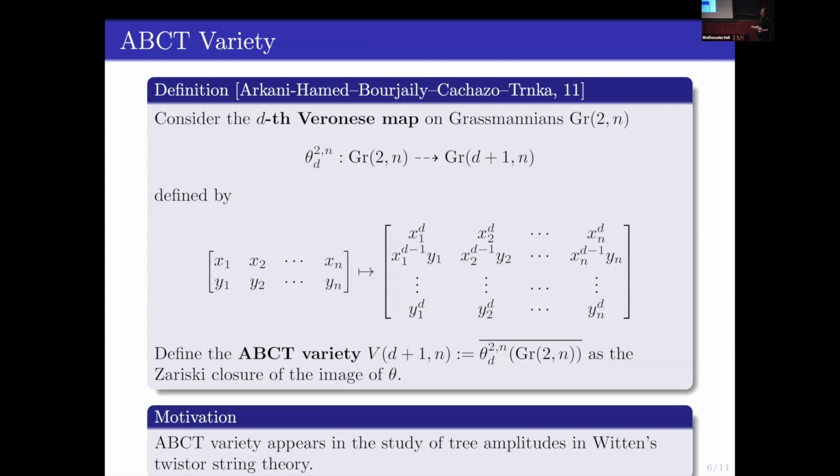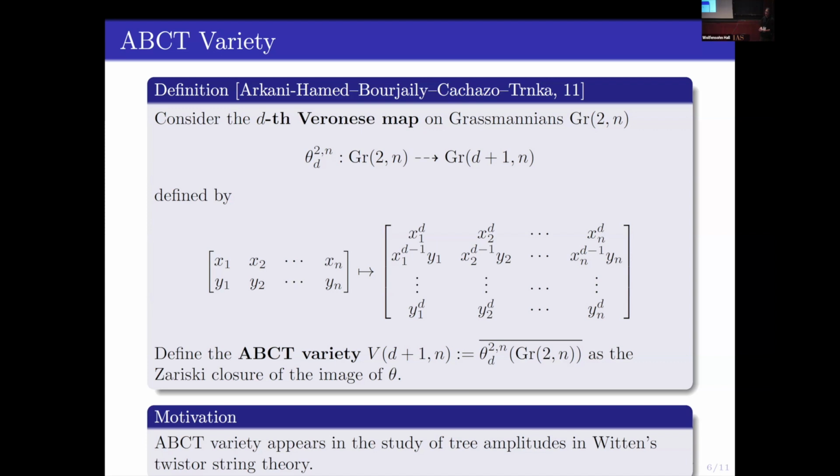And for us, we'll just take the definition to be the Zariski closure of the image of the dth Veronese map on the Grassmannian G(k,n). So this will be a subvariety inside the Grassmannian G(k(d)+1, n). And we will do the special case where d equals 2.